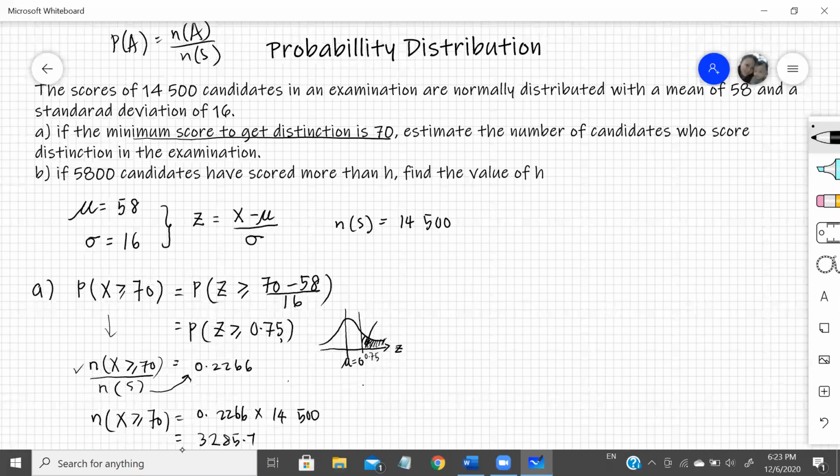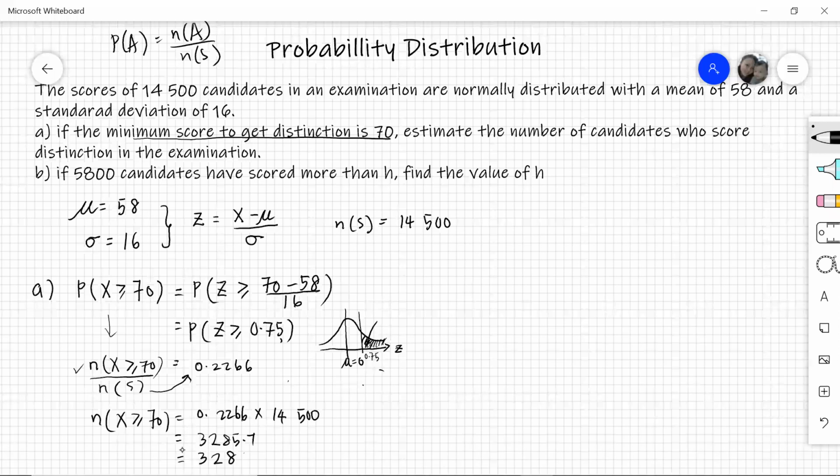Now for B, how do we find B? For B, it's quite similar. They give us 5,800 candidates have scored more than H. So the probability when our score is greater than H is given by the number of candidates who score more than H. This is the simple probability way.